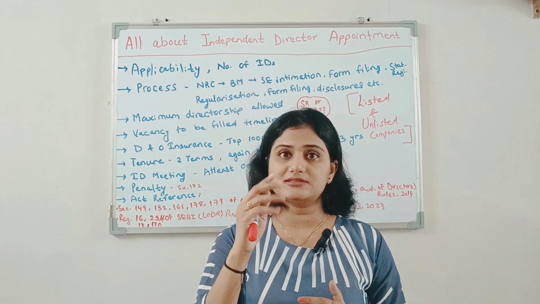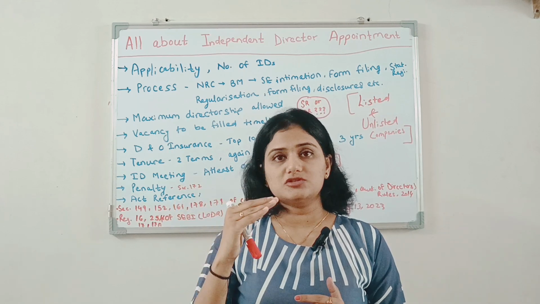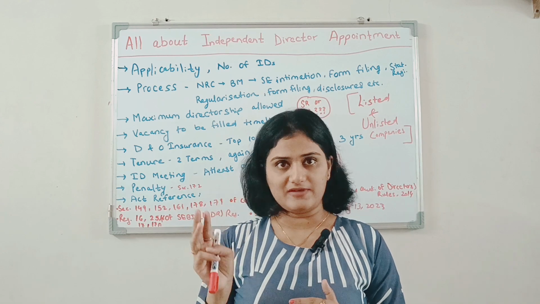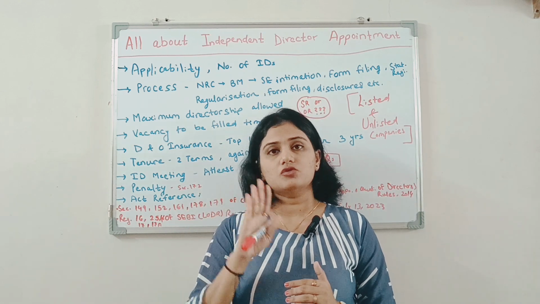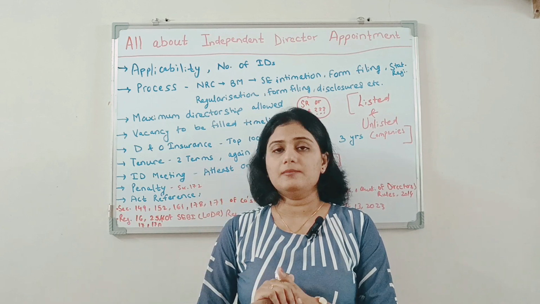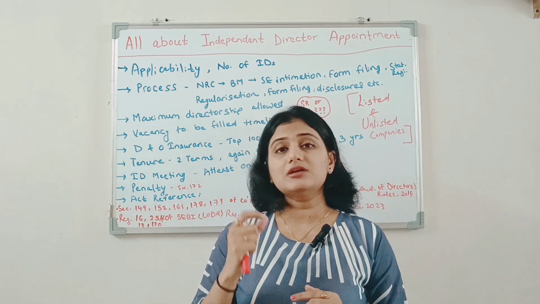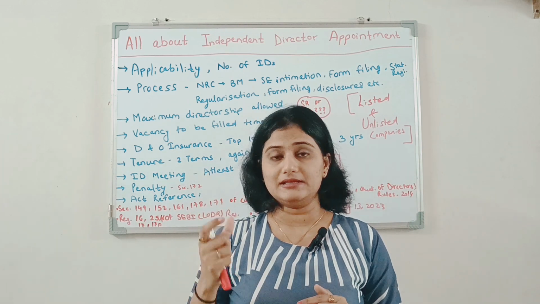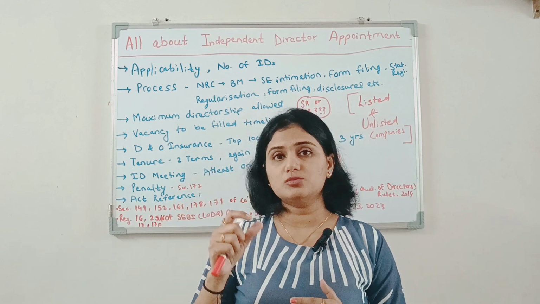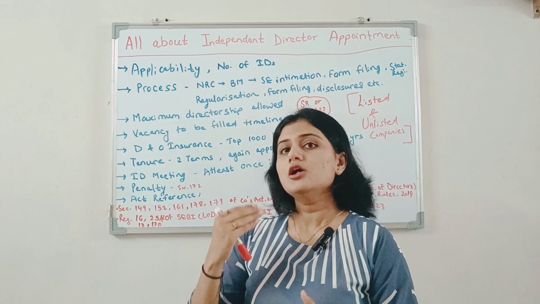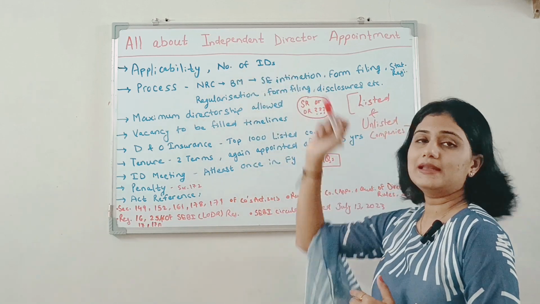For example, if the board strength is 7, half comes to 3.5, which is rounded up to the next full number, so 4 should be independent directors. One more thing, if the company has outstanding superior rights equity shares, in that case also half of the board should be independent directors. So this was about the number of independent directors.